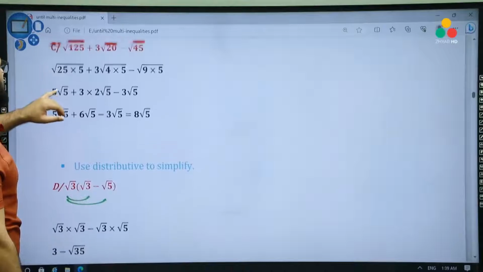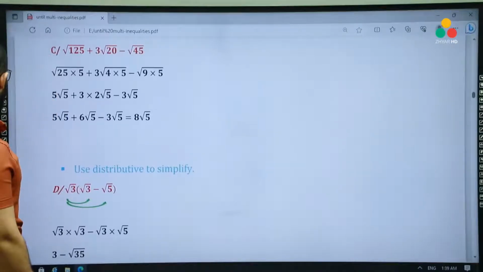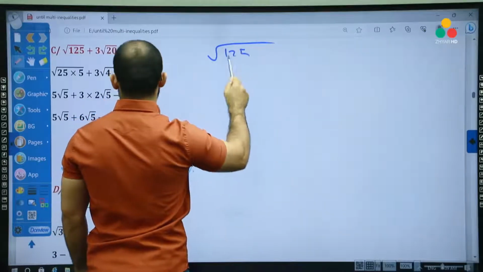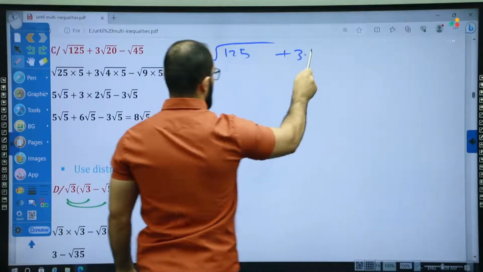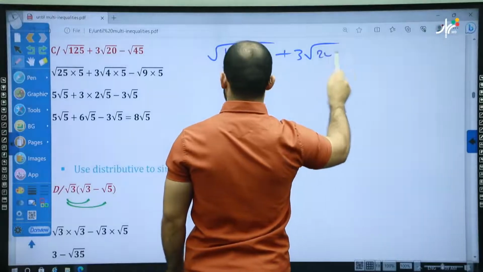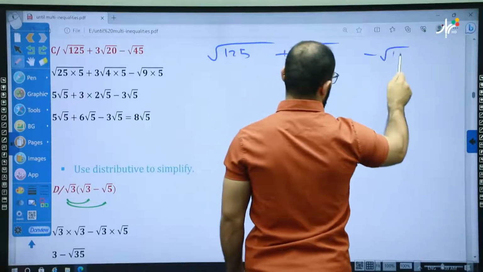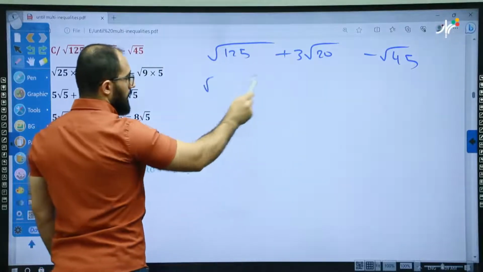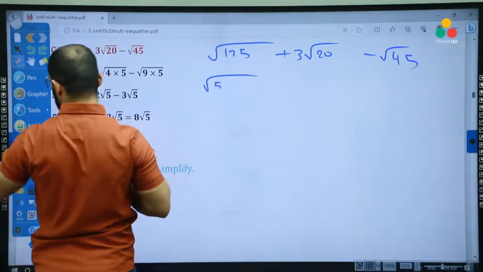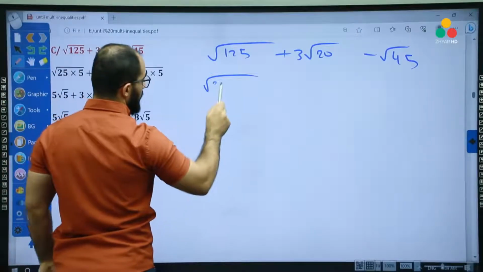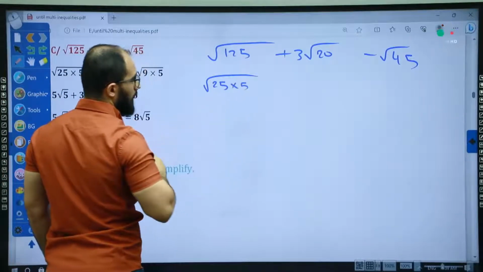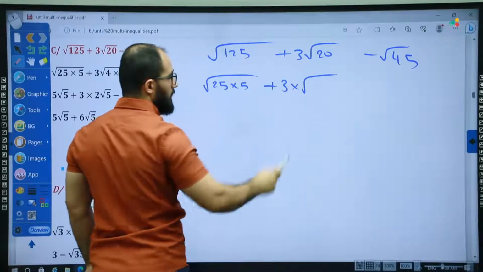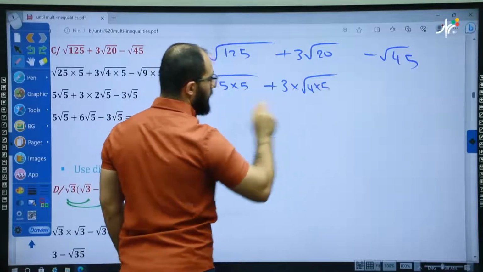Okay. Example C, we have square root of 125 plus 3 square root of 20 minus square root of 45. So 125 is 25 times 5, plus 3 times, 20 is 4 times 5.